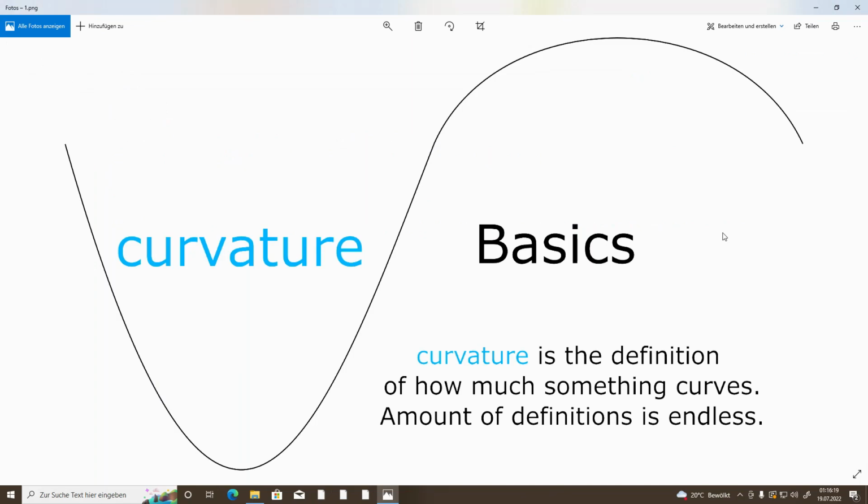So now the basics. Of course there can be many people saying different things, but for now, I would say curvature is the definition of how much something curves. The number of definitions is endless. You can describe something in an infinite number of ways.